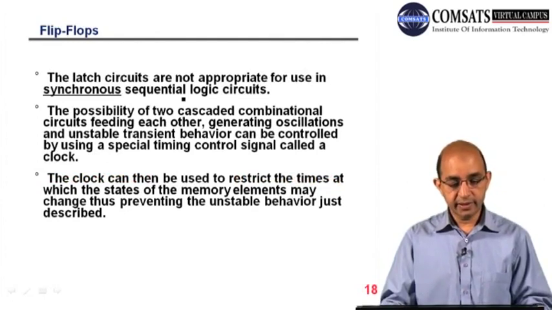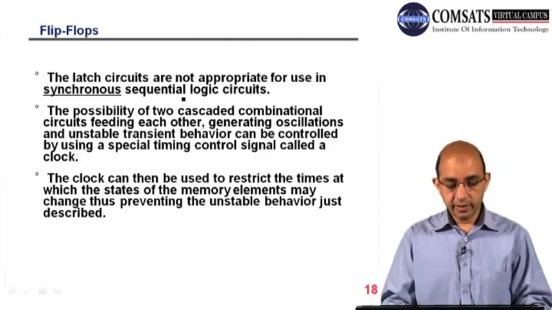The problem with latches is they are not good for synchronous logic. What we can do is cascade two latches in order to build the flip-flop, and we will see that in a couple of moments.